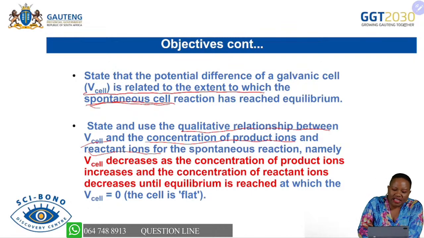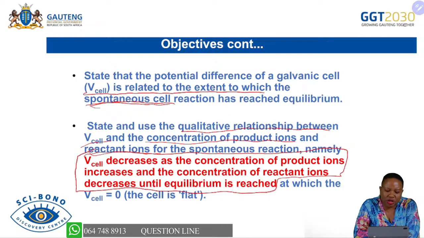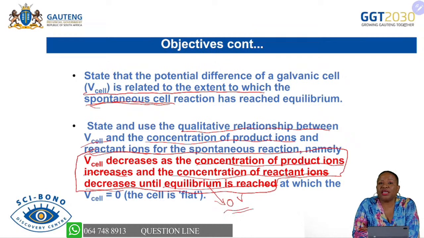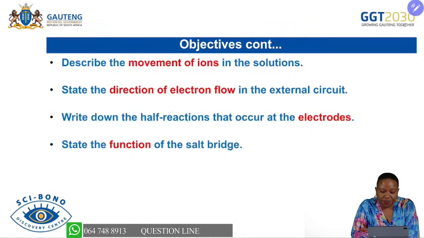So whatever is written in red will explain what exactly happens when the cell potential starts to decrease, because they will say the cell potential starts to decrease because the concentration of the product ions is increasing and the concentration of the reactant ions is decreasing until equilibrium is reached. And how do we see that the cell has reached equilibrium? It is when our voltmeter reading reaches 0 volts, and normally we say the battery is flat.